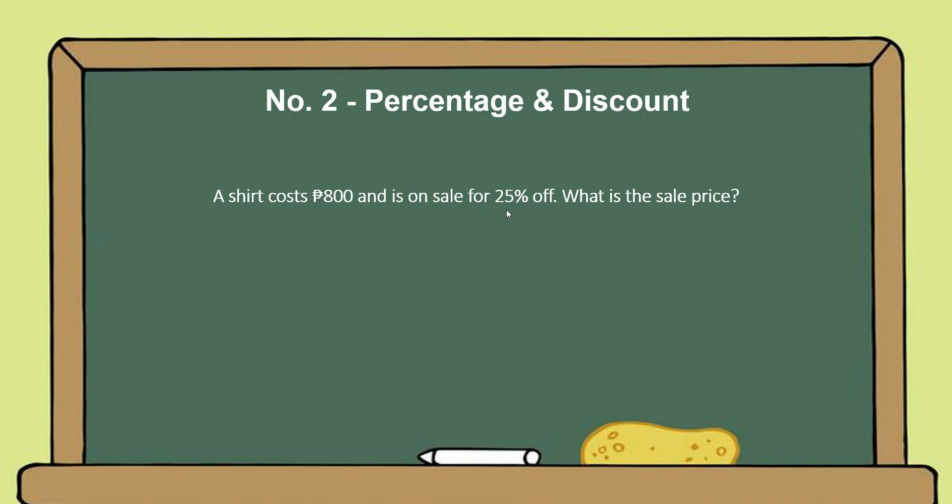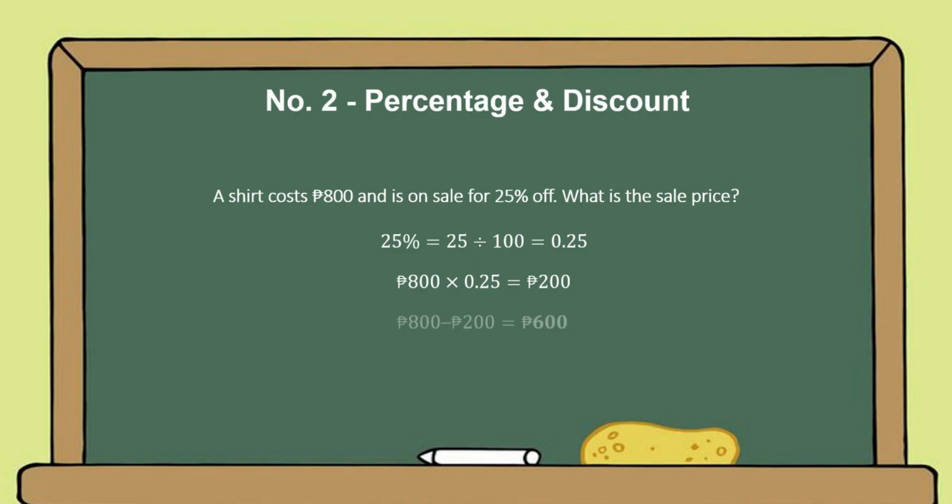Since the shirt costs 800 pesos and the discount rate is 25%, we first convert 25% to its decimal equivalent by dividing it by 100. Next, we multiply the original price by this decimal to find the discount amount. This means the discount is 200 pesos, which represents how much will be deducted from the original price.